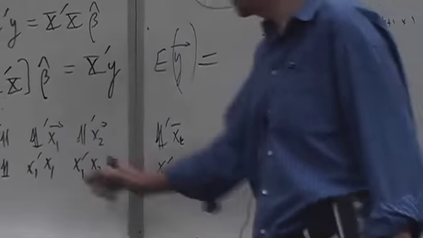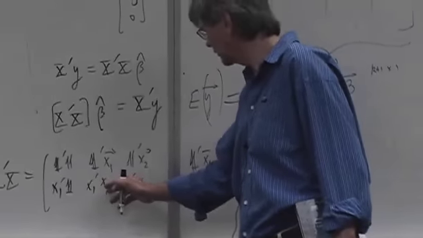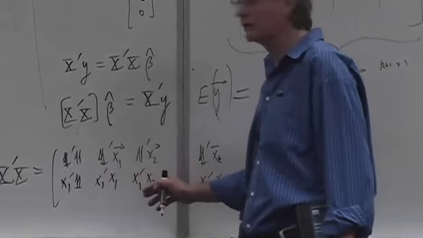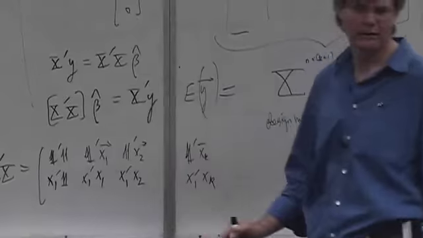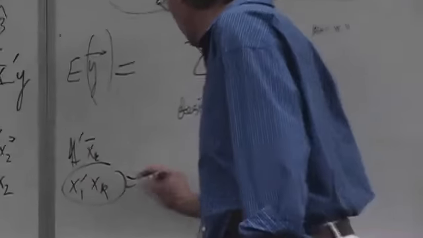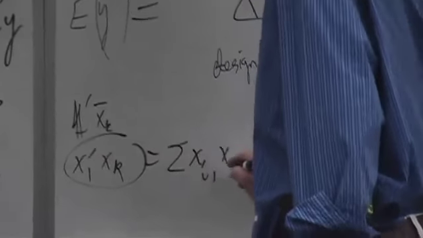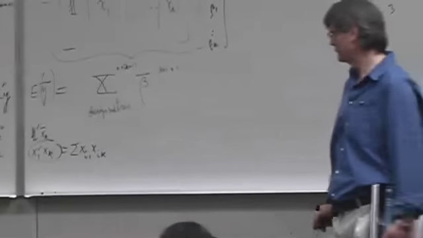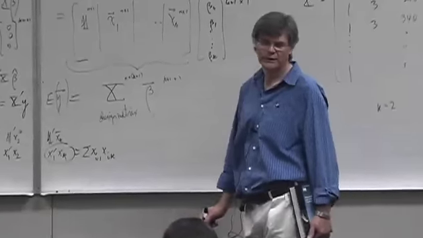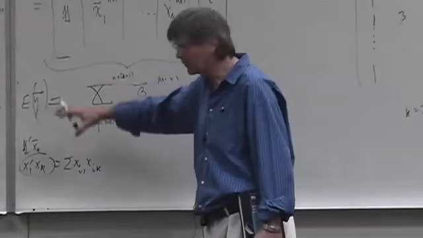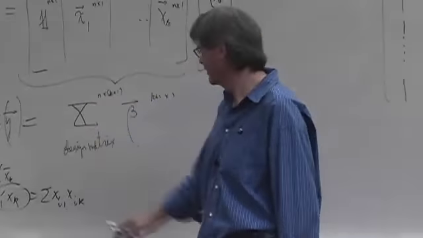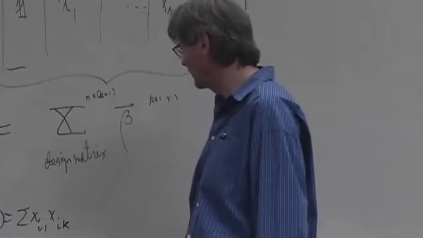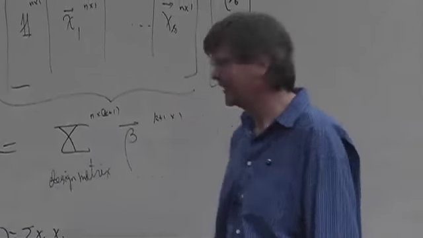Summation xi1, summation xi1 xi2, summation xi1 xik. So you're getting mixed products, right? And so on. So you can imagine this whole array of summation xij xil or something.